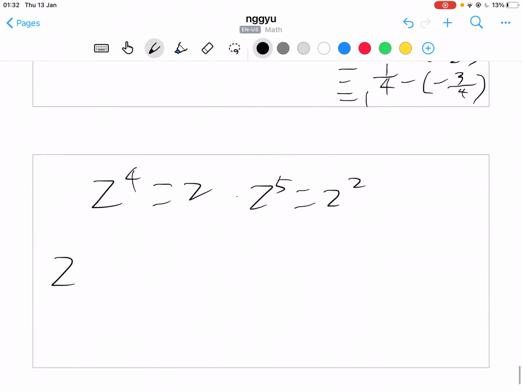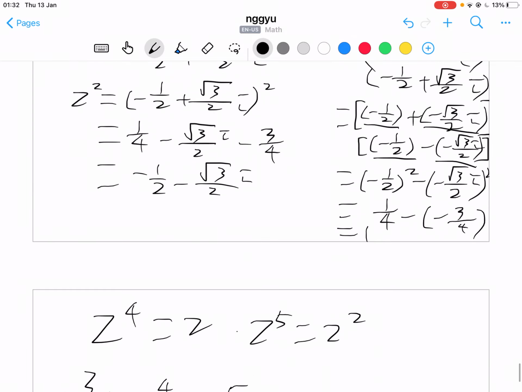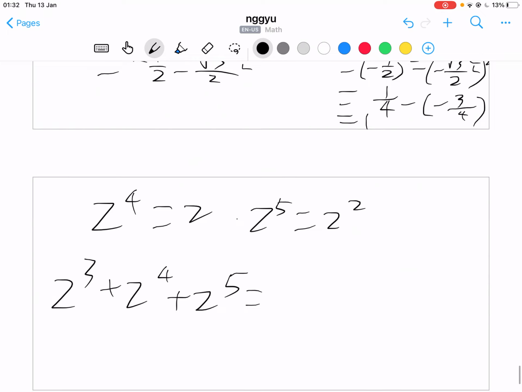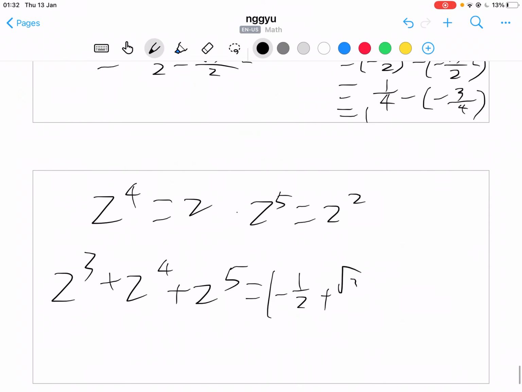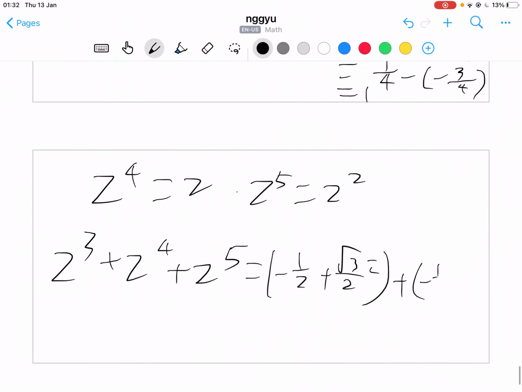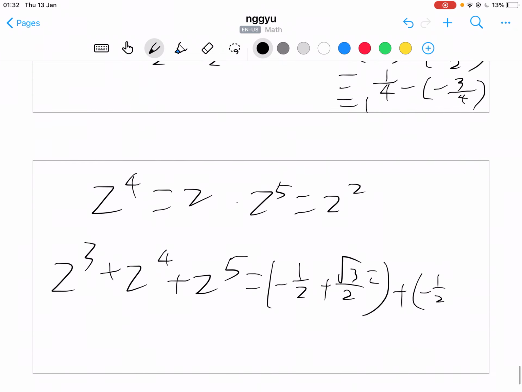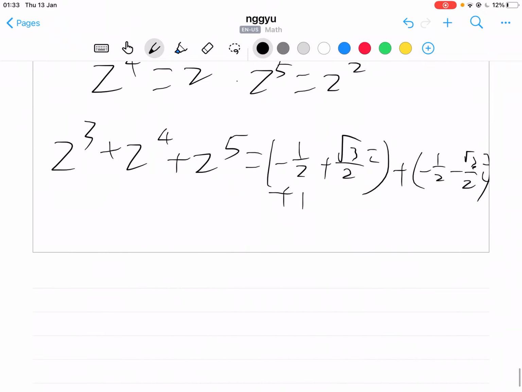So z cubed plus z to the power 4 plus z to the power 5 is equal to -1/2 plus √3/2 i, and then plus -1/2 minus √3/2 i, and then plus 1 at the end.